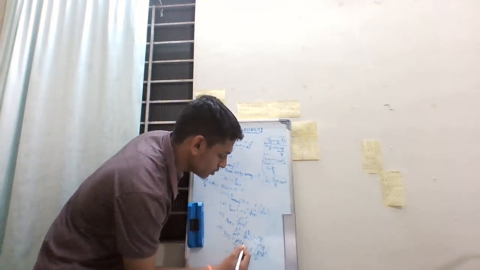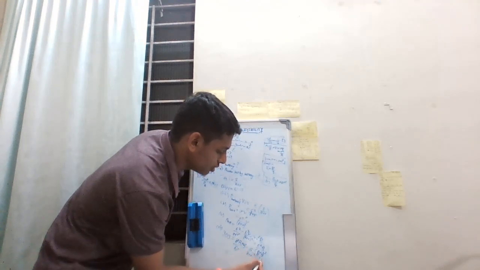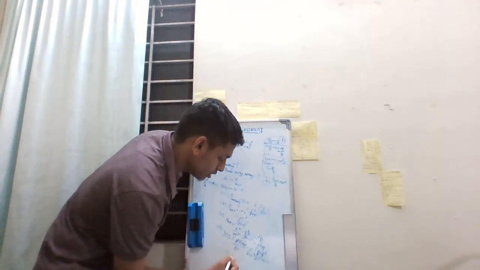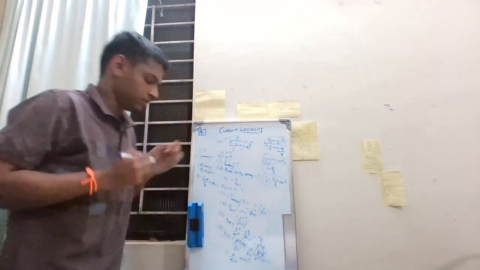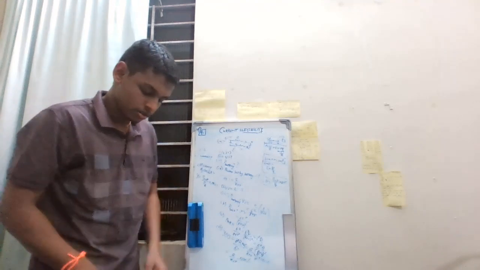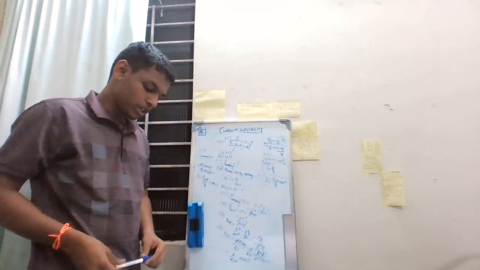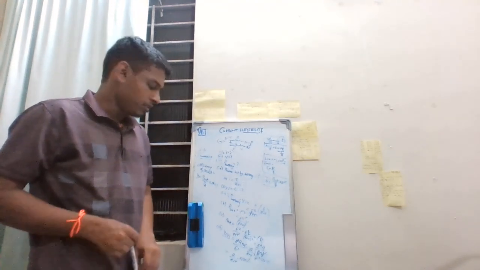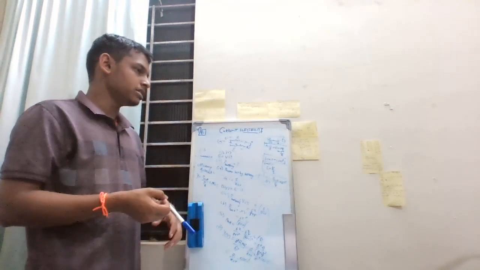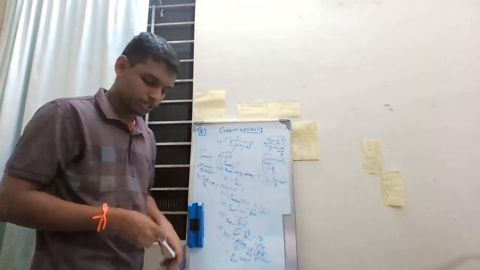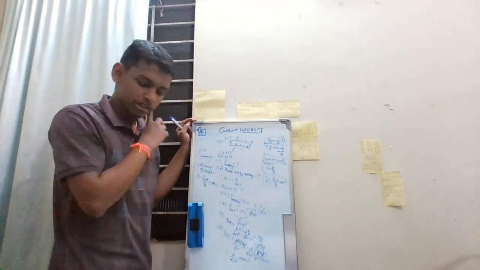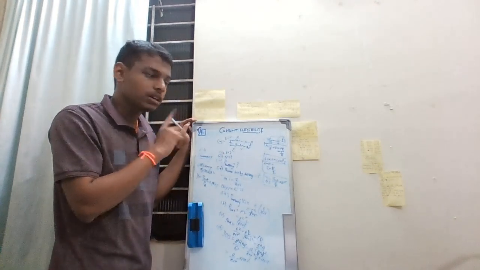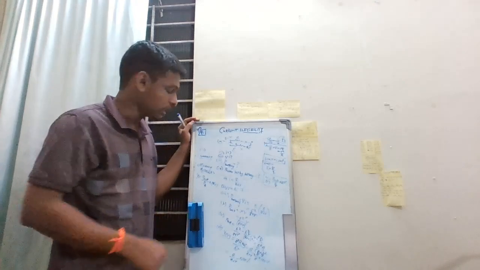So this is into 100%. So this would be R by R plus r into 100%. We also have to know that the eta value will always be less than or equal to 100%. If internal resistance increases, the eta value will decrease.